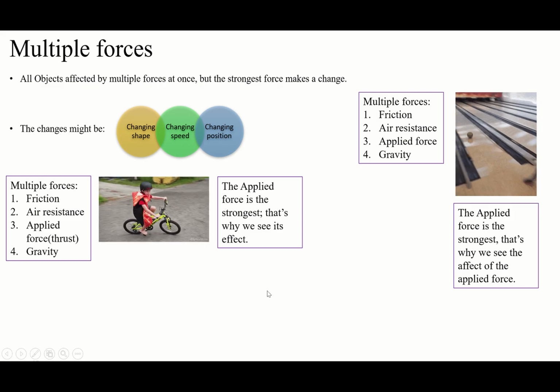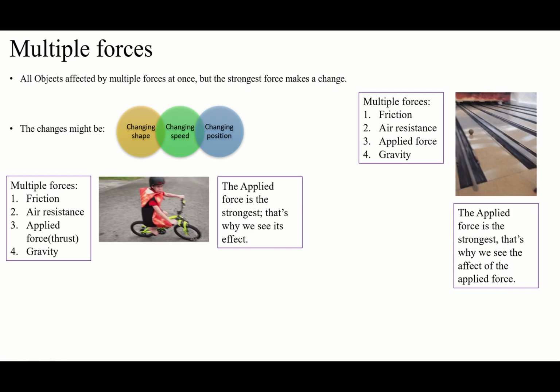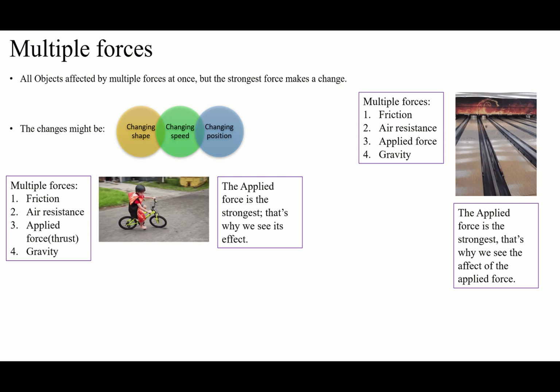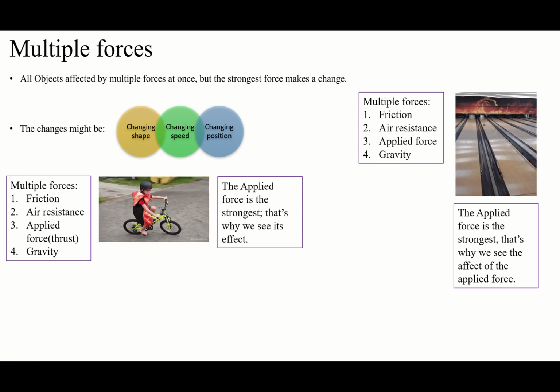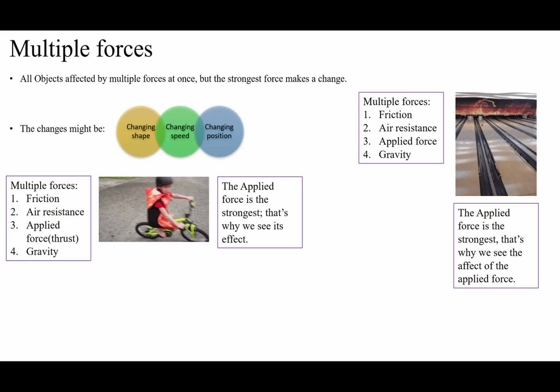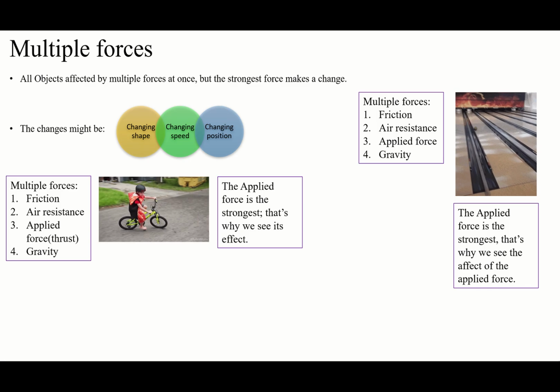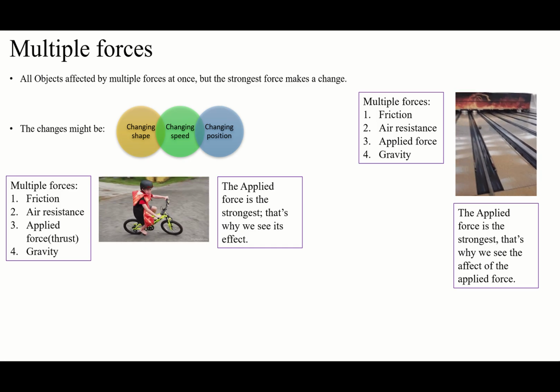So for example, we have four forces. One is gonna pull an object to the right, one to the left, one up, one down. So the object will move according to what the strongest force wants. If the force pulling to the right is stronger than the others, the object will move to the right.